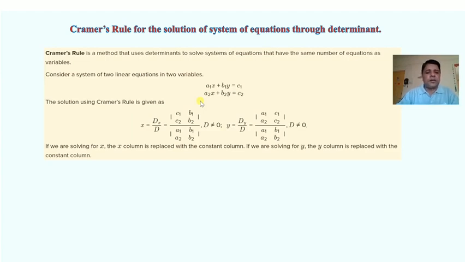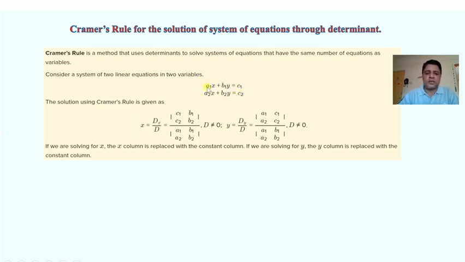Consider the system of two linear equations in two variables: a1x plus b1y is equal to c1, and the next equation is a2x plus b2y is equal to c2. Solve using Cramer's rule. The difference between the matrix method and Cramer's rule is that now we will convert everything into determinant forms.